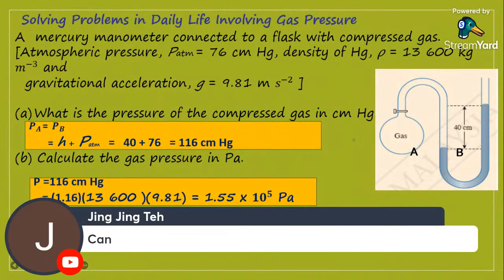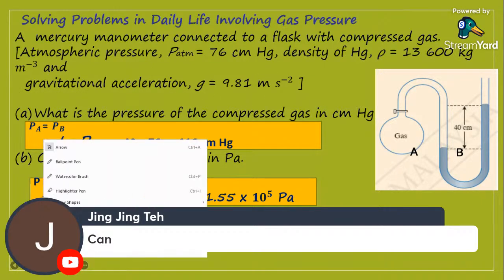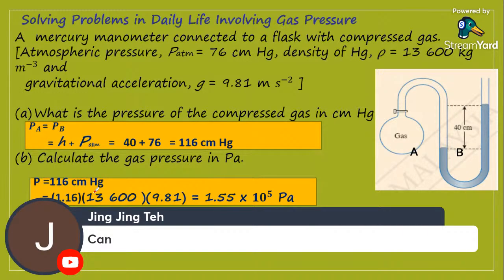Okay, let's look at some problem solving. A mercury manometer is connected to a flask of compressed gas, given atmospheric pressure in unit cm mercury, density of mercury, and gravitational acceleration g.